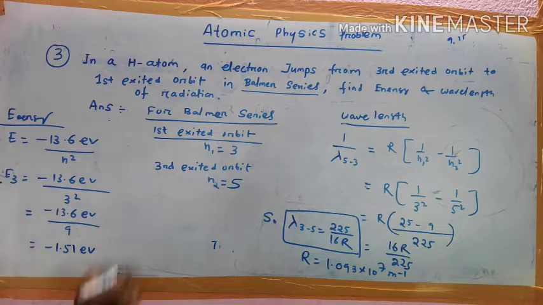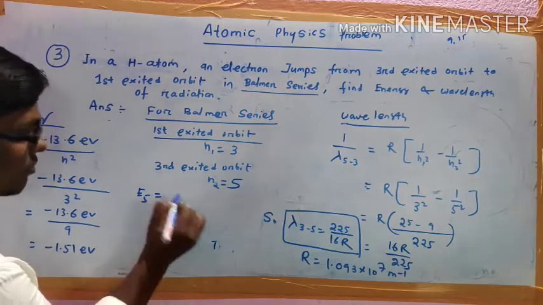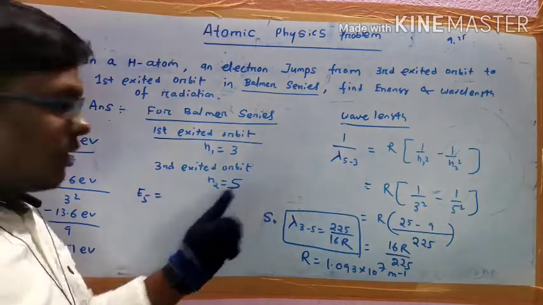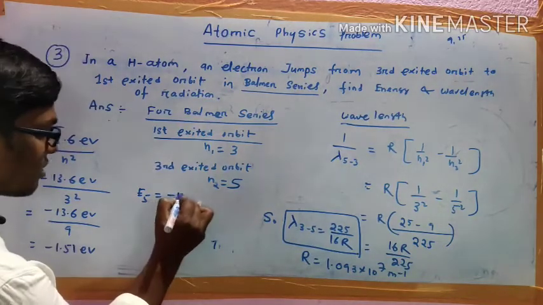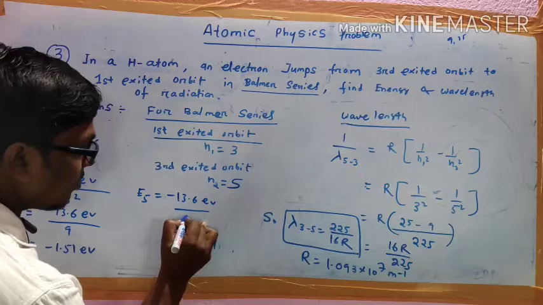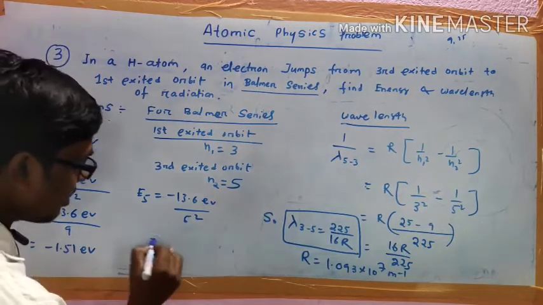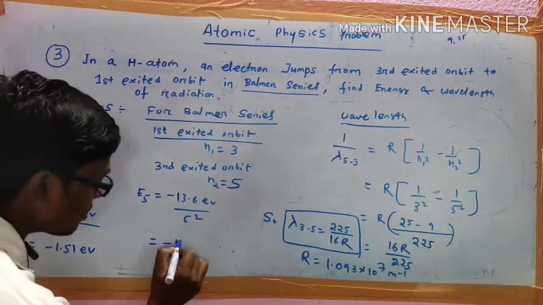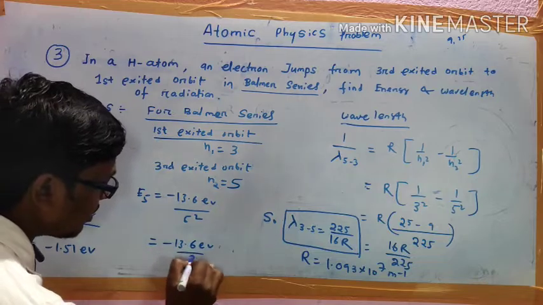This is E3. Similarly, E5 for the third excited orbit. E5 is minus 13.6 eV by 5 square. This becomes minus 13.6 eV by 25.